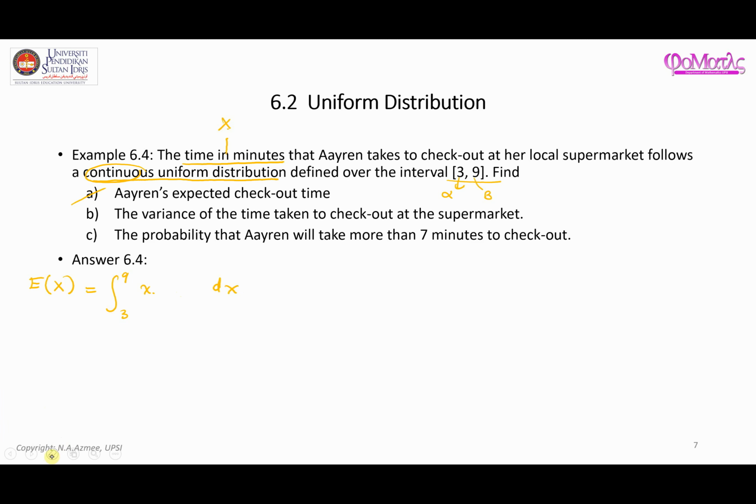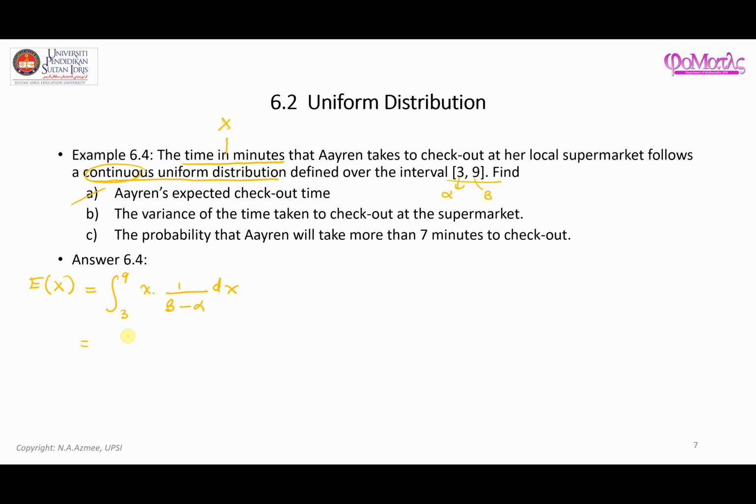So fx is 1 over beta minus alpha, so that is one way of doing it, or if you want, you can also use the formula straight away. Let us try and do this one first.